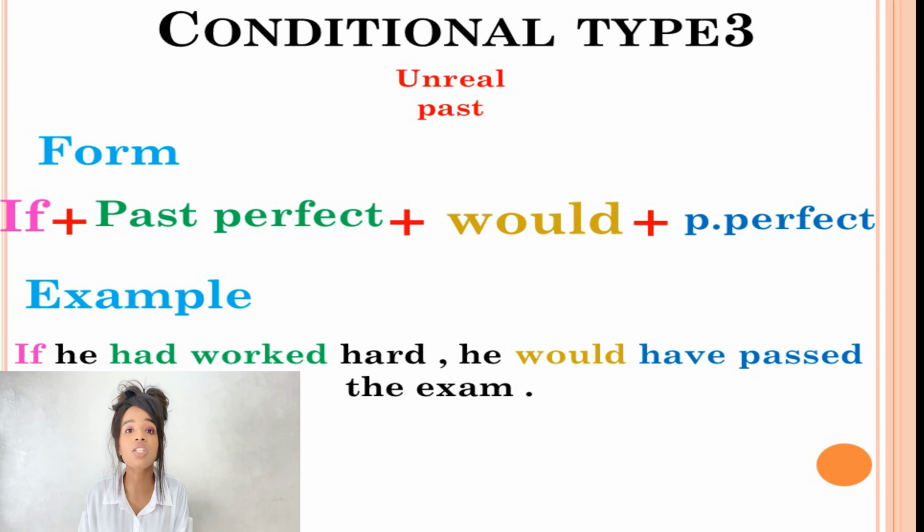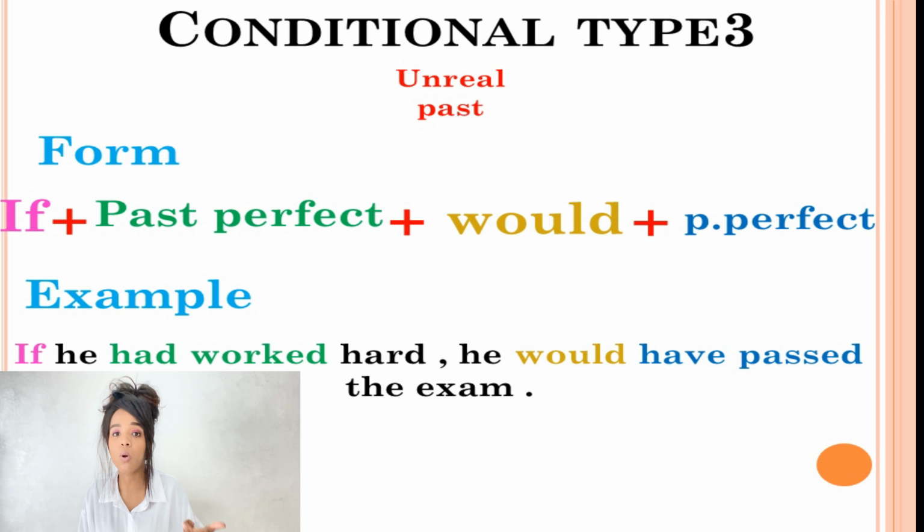So this is the conditional type 3, when it is impossible to change the past. So it's the unreal past, when I regret something that happened to me in the past. I use if plus the past perfect, that is had plus the participle of the verb, and would plus the present perfect, that is have plus the past participle of the verb.